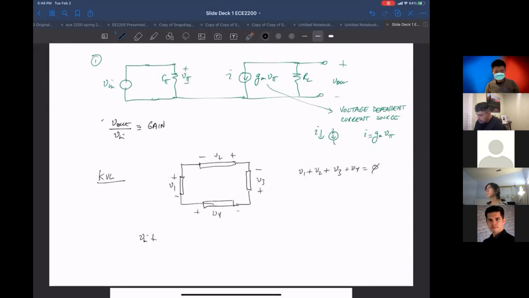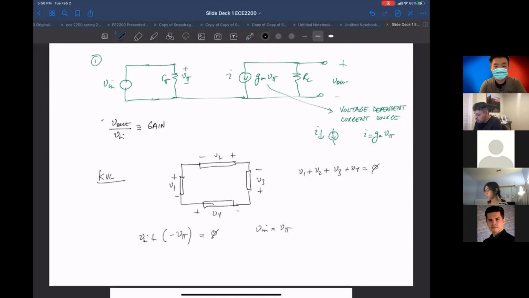So that means you're talking about minus V sub pi, because the plus is on this side, minus is on that side. Whereas when we draw Kirchhoff's equations, it's minus on this side, same side as V sub 1. So you have to invert this V sub pi. So this is equal to 0, or V sub in is equal to V sub pi.